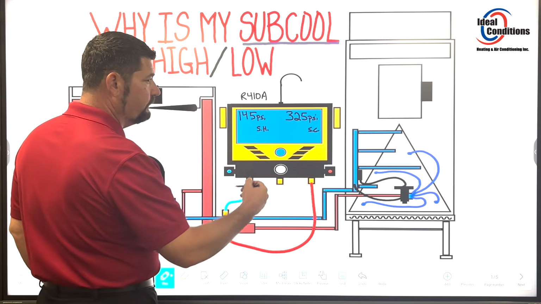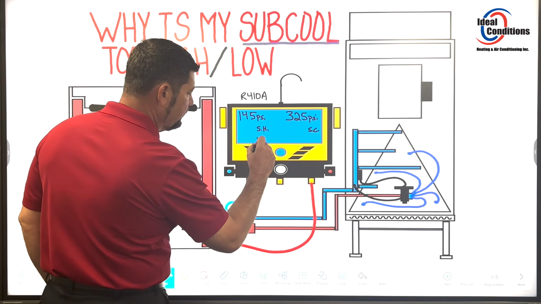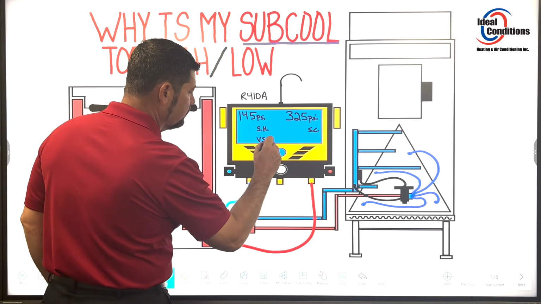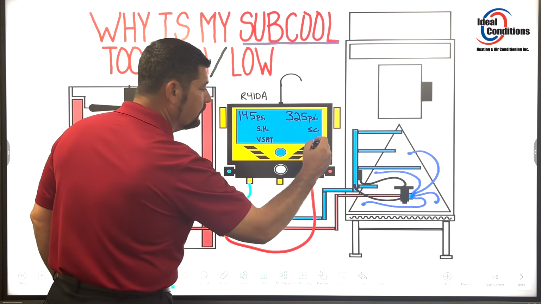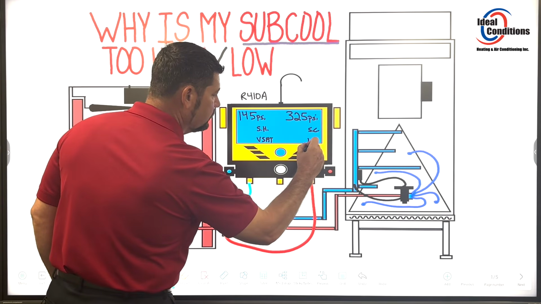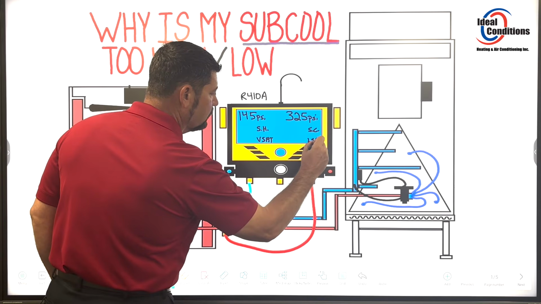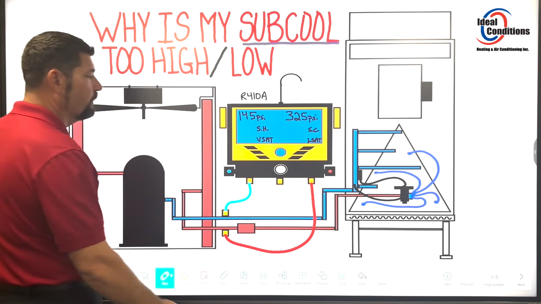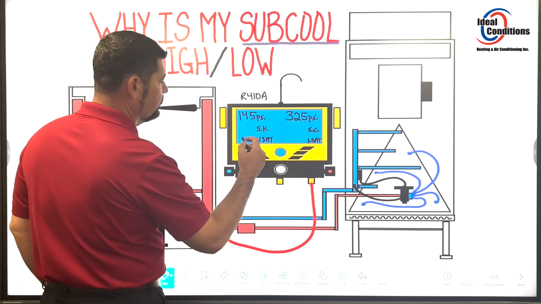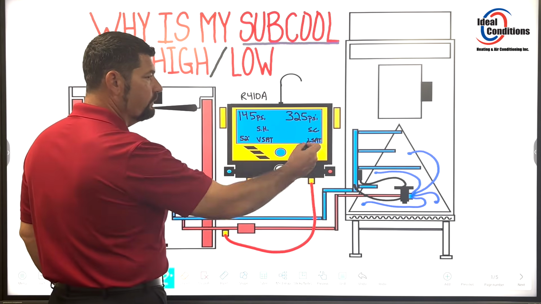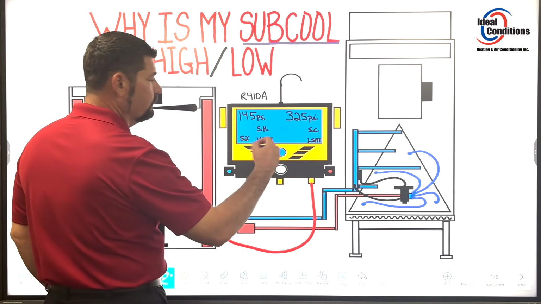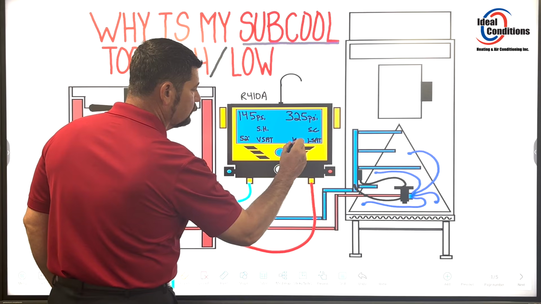But if we were looking for the VSAT over here, and if we're looking for the liquid line saturation, the LSAT over here, those values would be 52 degrees. And the value over here, that's LSAT here, would be 102 degrees.